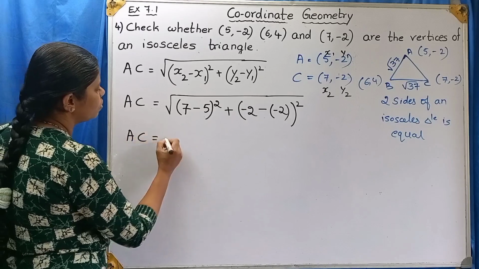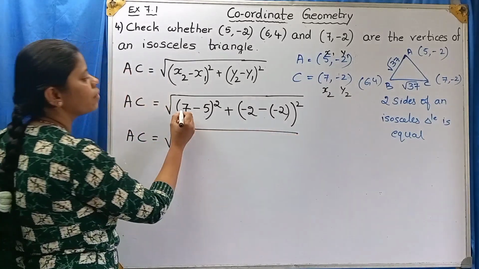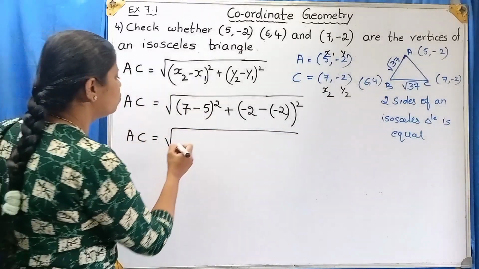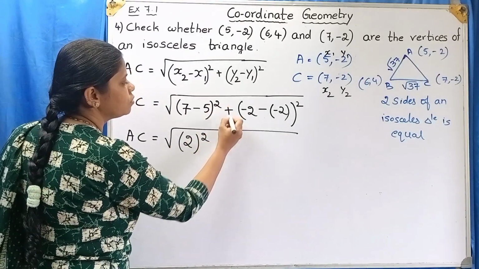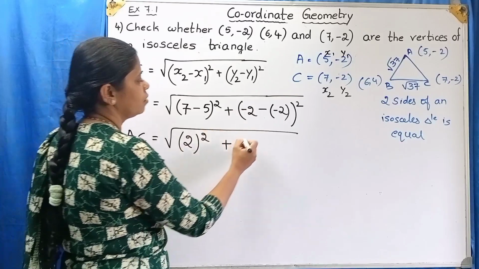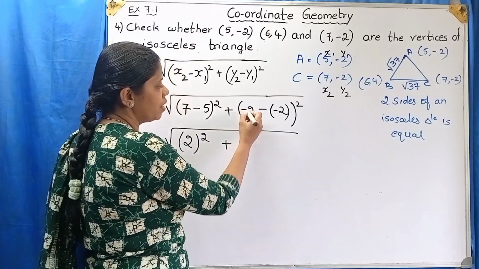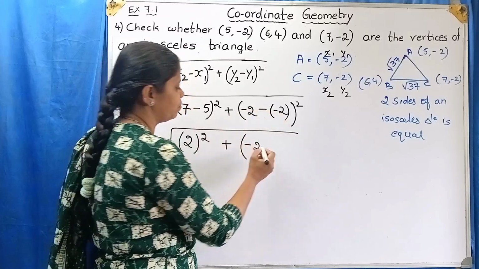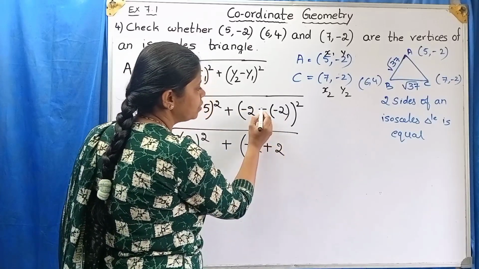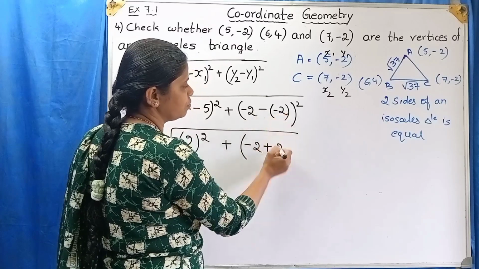AC is equal to the square root of 7 minus 5 is 2, 2 the whole square, plus, look carefully, minus into minus is plus 2.